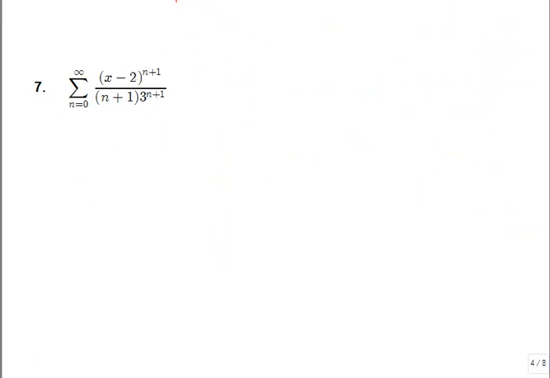Okay, the next example here, we've got x minus 2 raised to the n plus 1 over n plus 1, 3 to the n plus 1. That x minus 2 is showing us that this is a power series centered at 2. And to find the interval of convergence, we're going to start with that limit.